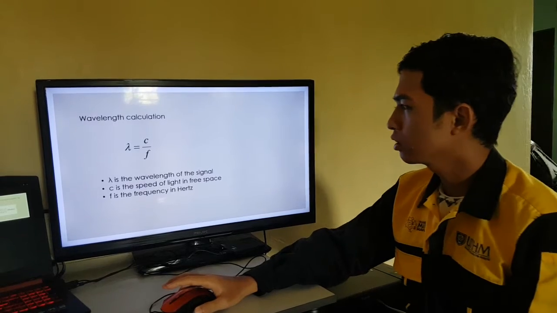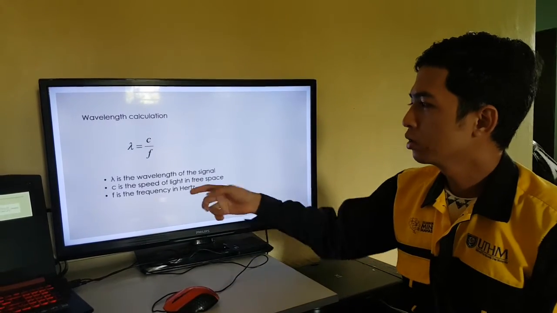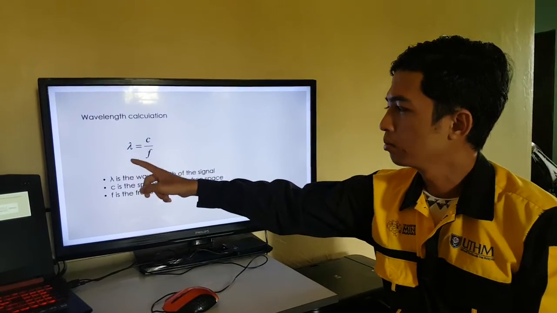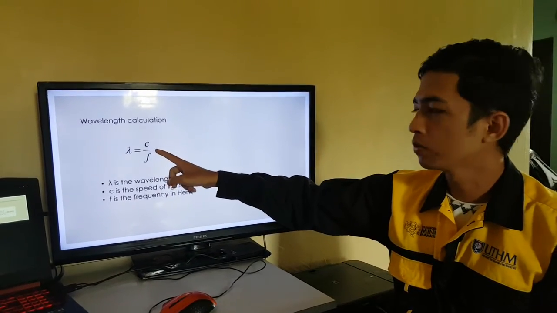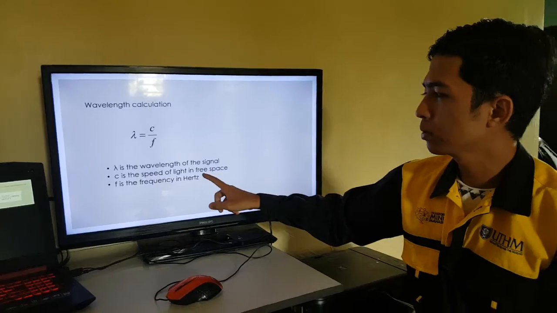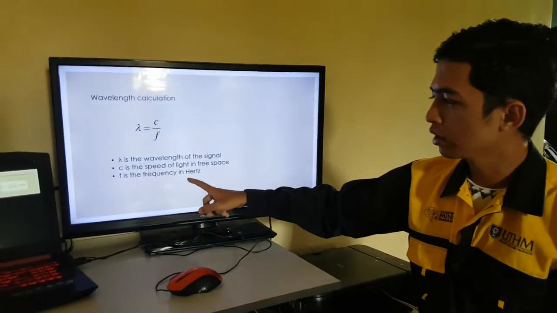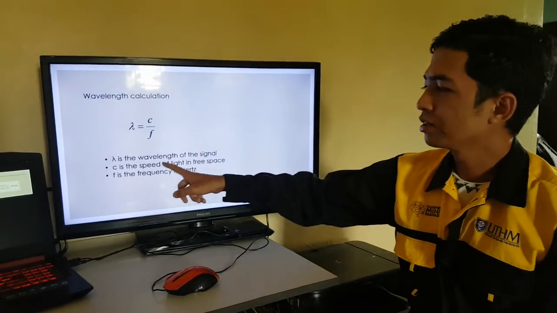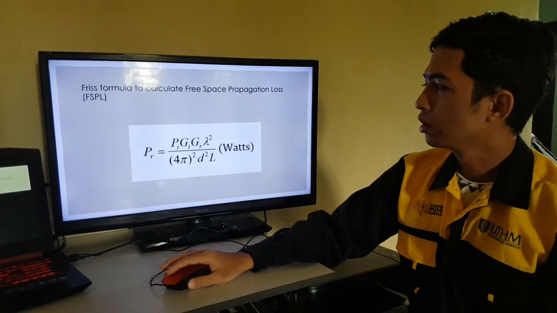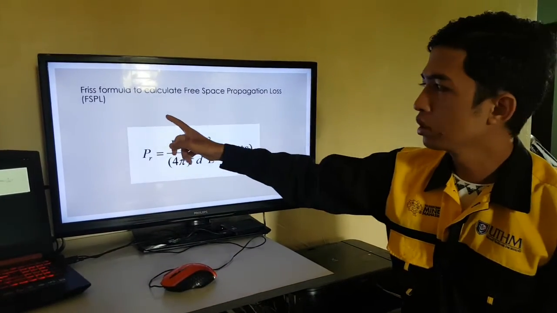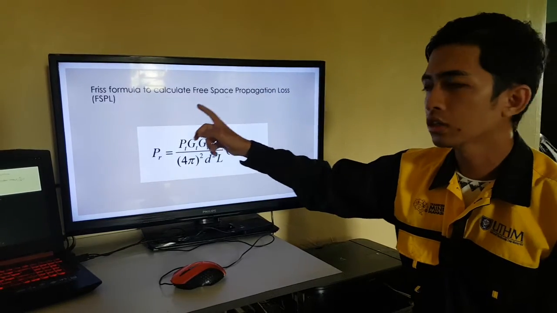For the wavelength calculation, we use this formula: lambda equals C over F. C is the speed of light in free space, F is the frequency in hertz, and lambda is the wavelength of the signal. After we get lambda, we put it into the Friis formula to calculate the free space propagation loss.